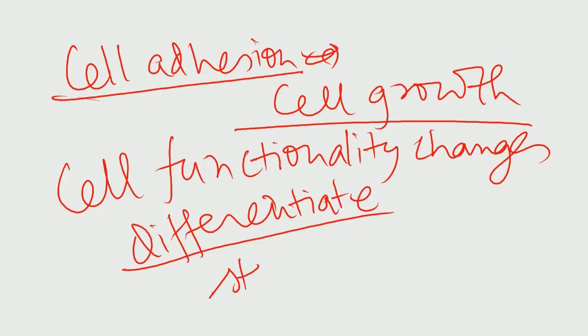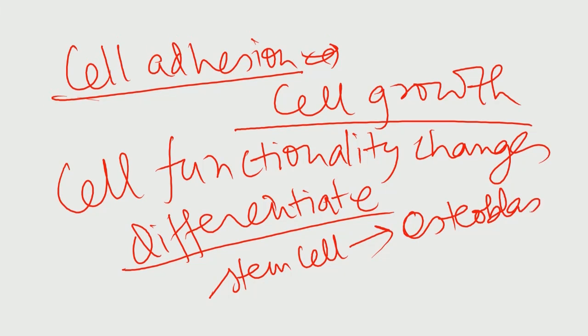Let us take the example of human mesenchymal stem cells or bone marrow derived stem cells. They can differentiate to osteoblast cells, for example bone cells, or they can differentiate to myoblast cells, that is muscle cells.